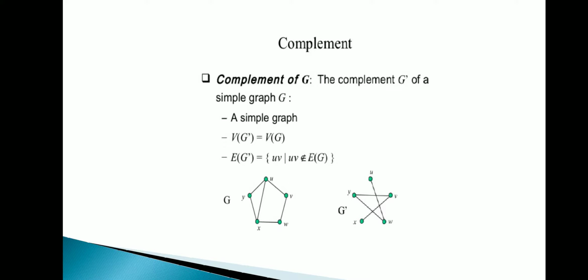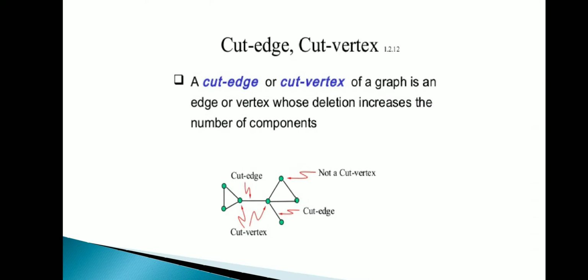Next, we will see the definition of a cut edge or cut vertex. A cut edge or cut vertex of a graph is an edge or vertex whose deletion increases the number of components. Suppose if we remove points and we get a disconnected graph, and the components increase, then the removed points are called cut vertices.